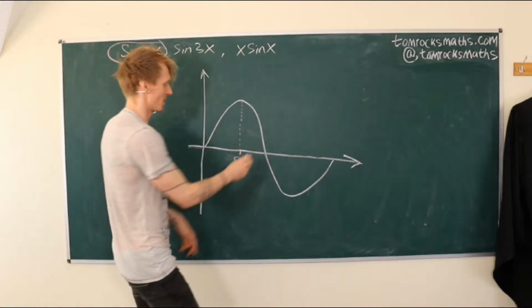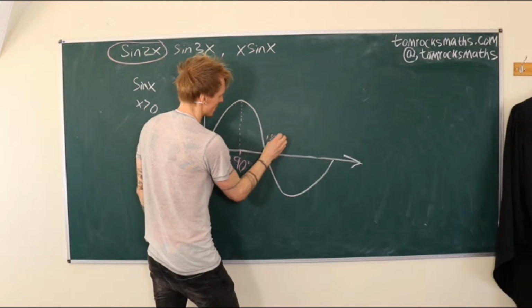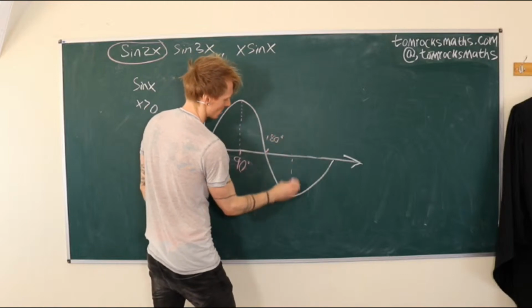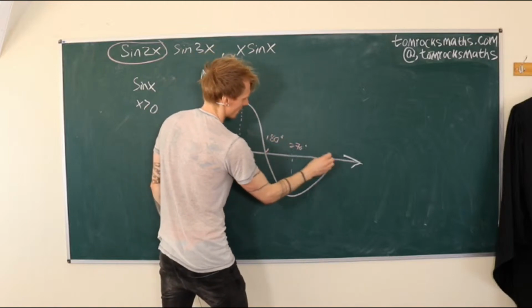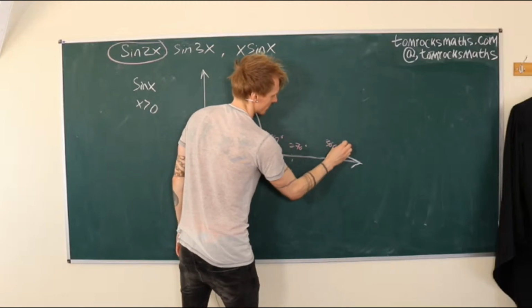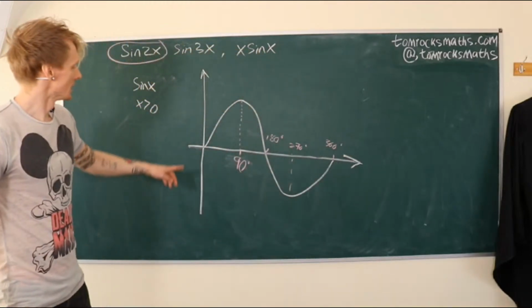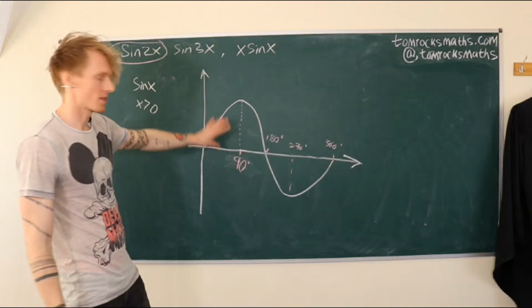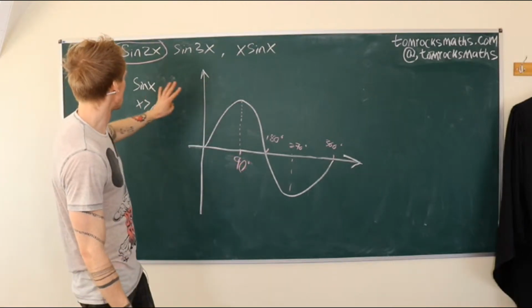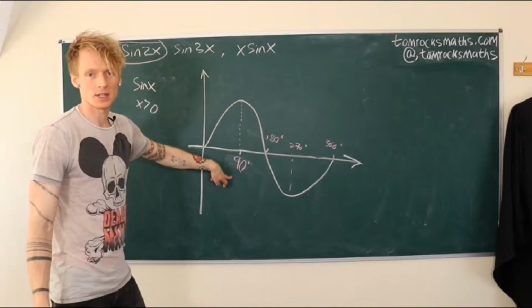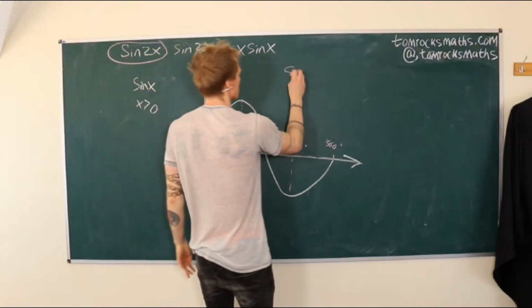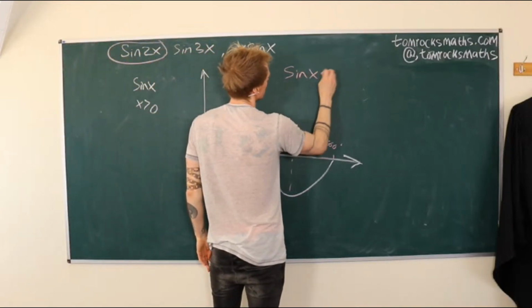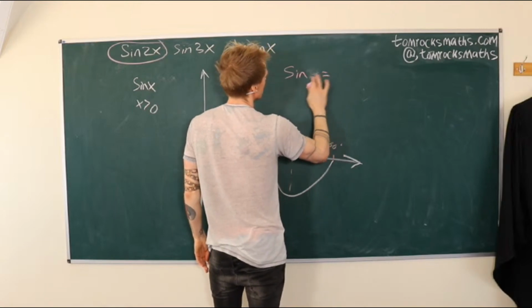Then we get to the point where it's 0 at 180 degrees. Then this is 270, this is 360, and obviously this is 0. So these are the key points. Sine of x is 1 at 90 degrees, so let's write that out: sine of 90 degrees.